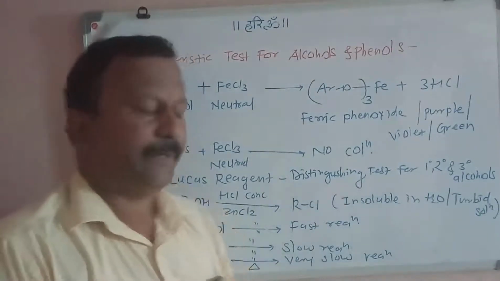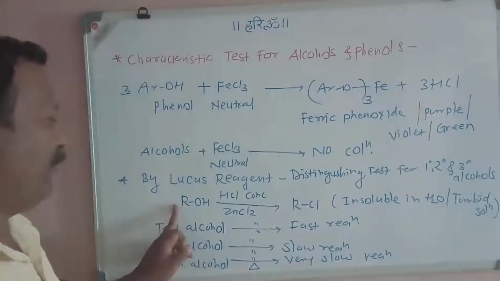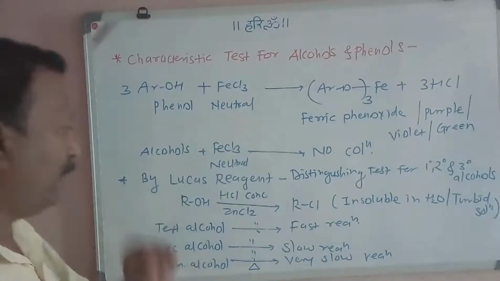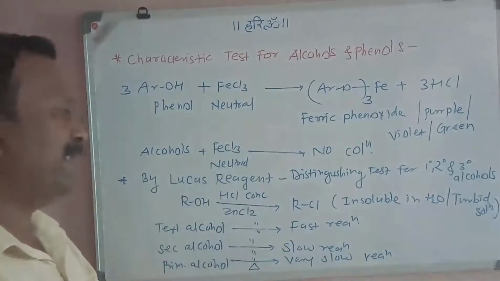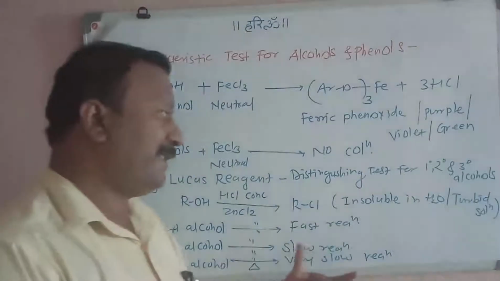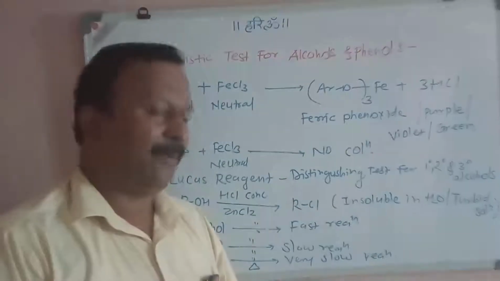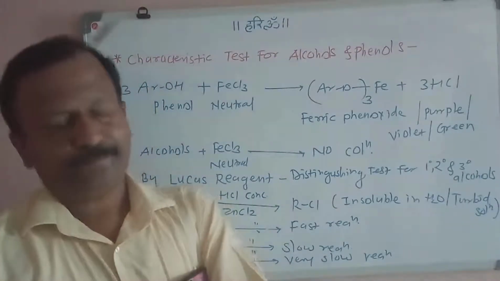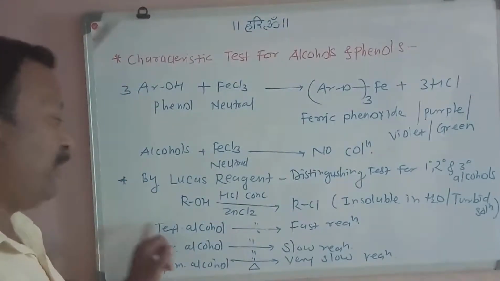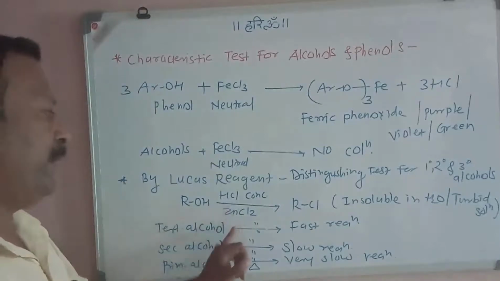It shows turbidity. Mostly lower alcohols are soluble in water, but the product formed in this reaction is alkyl chloride, alkyl bromide, etc., that is alkyl halides. They are insoluble in water. They show turbidity.